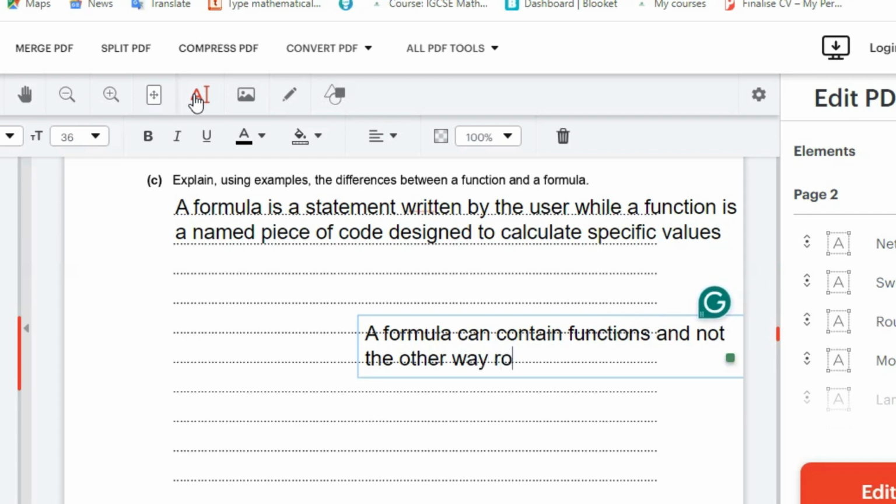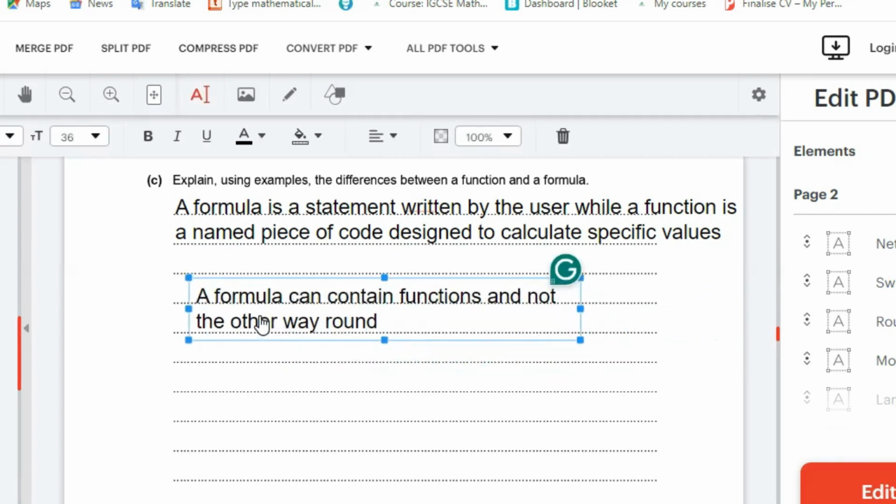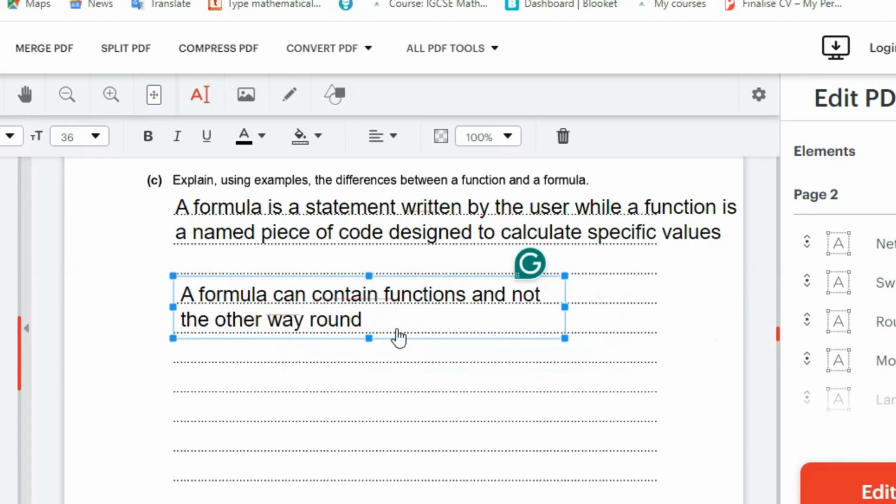That means a function cannot contain a formula, but a formula can contain a function. That's what I mean by and not the other way round. All right.